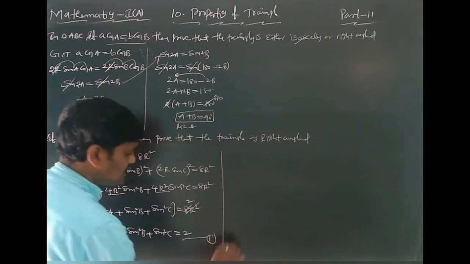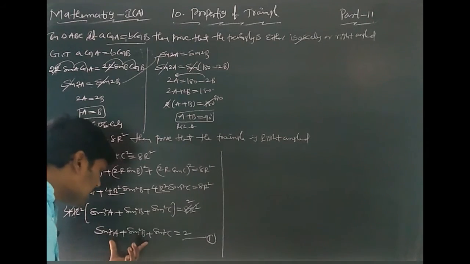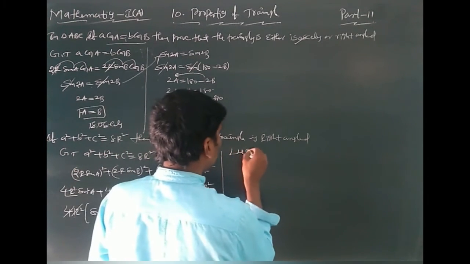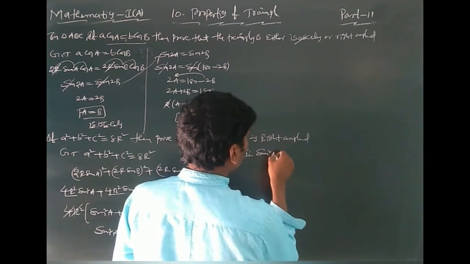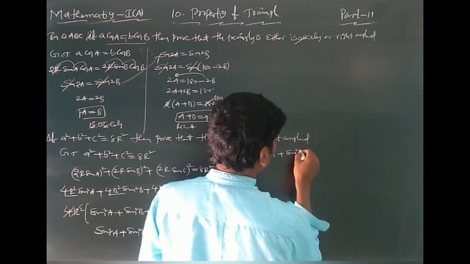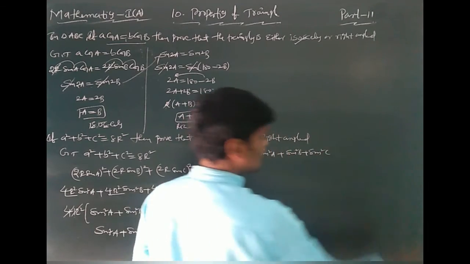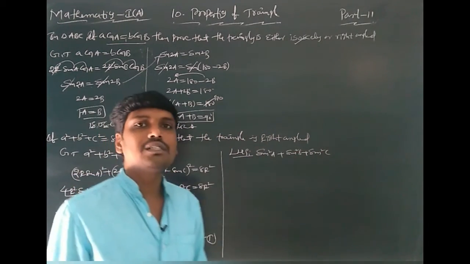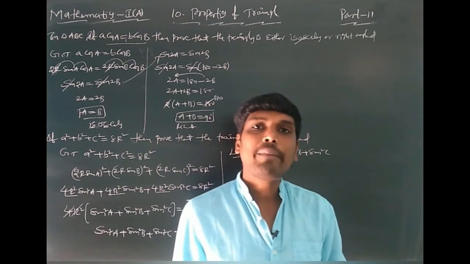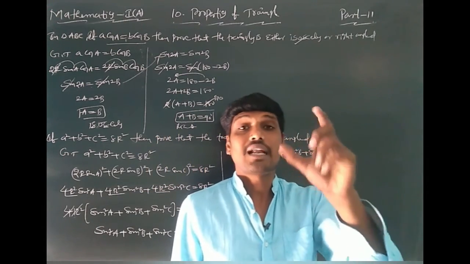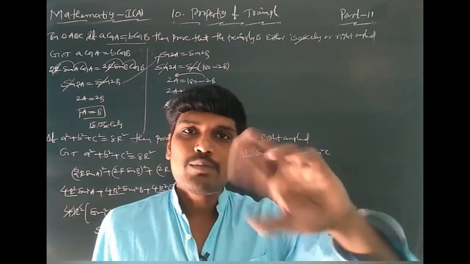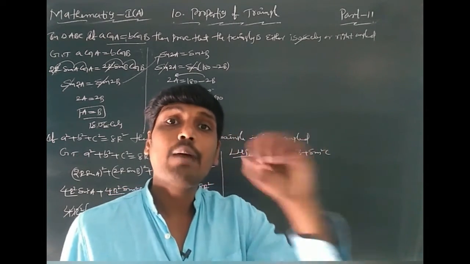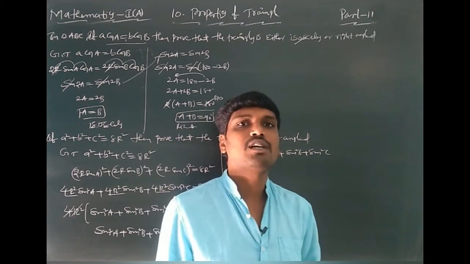Suppose you take this as equation 1. Here you have to take the LHS part. What is the LHS part here? LHS part is sin square A plus sin square B plus sin square C. In this LHS part, you can do this problem by using trigonometric ratios and transformations. A plus B plus C equal to 180 degrees, then sin square A plus sin square B plus sin square C: this is an important 7 marks problem model.